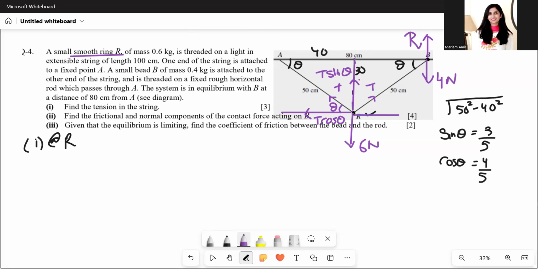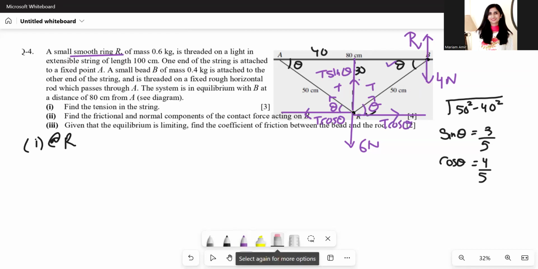Similarly, on this side, this would be the adjacent component T cos theta, and this theta is the same as this because of alternate angle. So this would be T cos theta, and this one would be T sine theta, which I'm plotting here. So another T sine theta. So we have two T sine thetas in the upward direction.